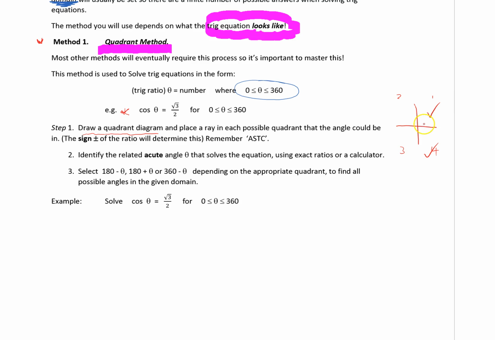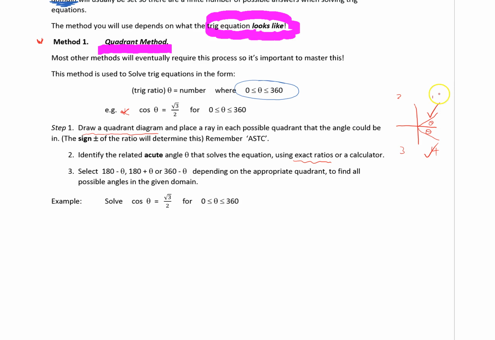We know that in those 2 quadrants, the acute angle is there and there. So, knowing that, if we have to use our exact ratios, then we will recall the 2 little triangles. Otherwise, we'll go to our calculator.